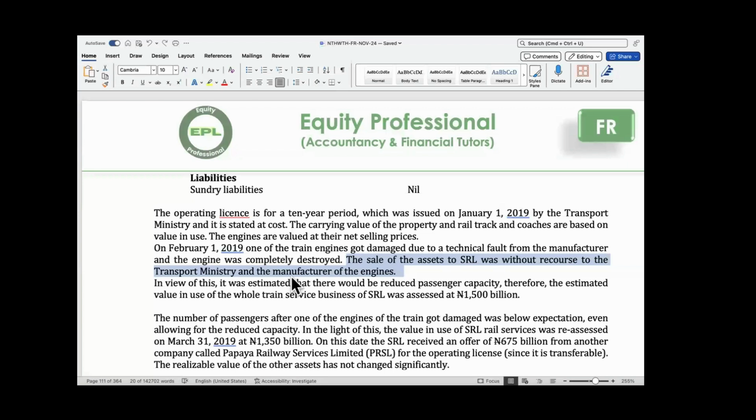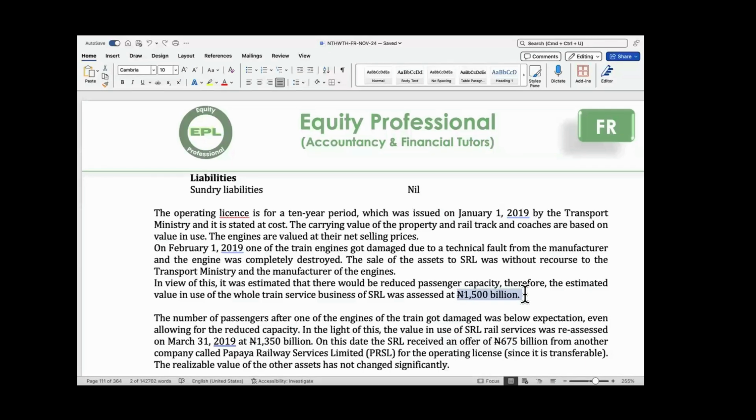In view of this, it was estimated that there would be reduced passenger capacity. Therefore, the estimated value in use of the old train service business of SRL was estimated at 1.5.